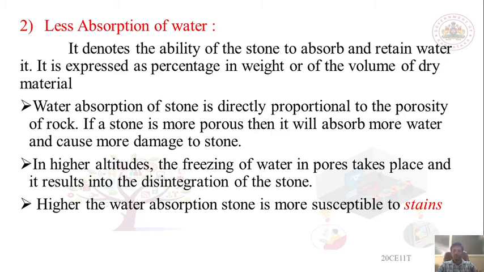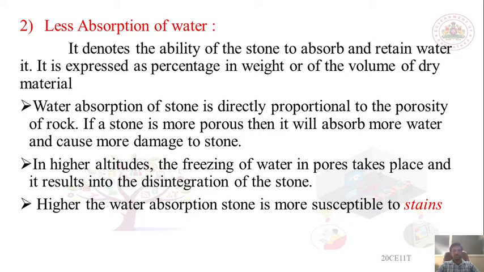Before putting it into water, you measure the dry weight. After putting it into water, you measure the saturated weight. Saturated weight minus dry weight gives the water present in the body of the stone. Then that water divided by dry weight times 100 gives the percentage of water absorption by the stone.